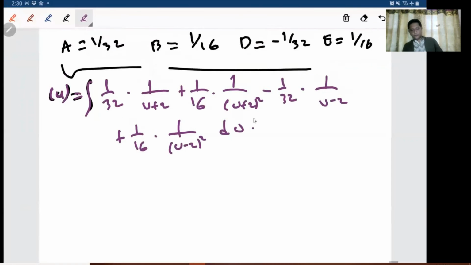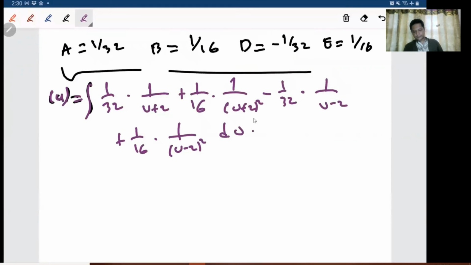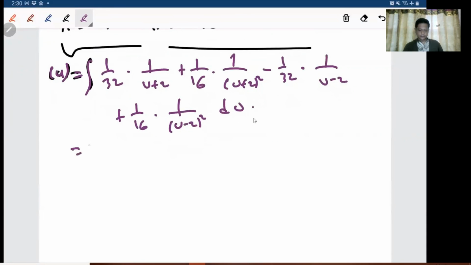Okay. Do you know how to do this? Yeah, using substitution, right? The same thing as what we did earlier. We have 1 over 32 times ln of u plus 2. And for this one, it is like the exponential. You have x to the something, and you just multiply by 1 over the power plus 1 times the variable to the power of plus 1.